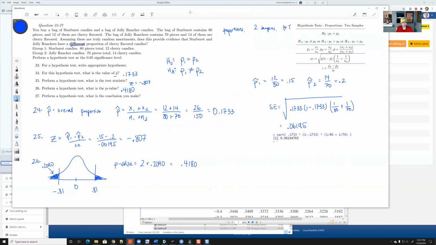Okay, so for 27, our p-value is greater than alpha. We do not reject the null hypothesis. We do not have evidence that the proportion is different.